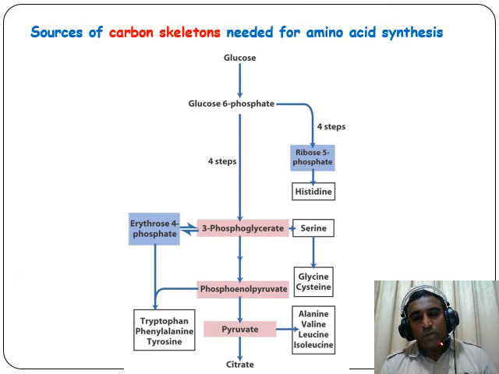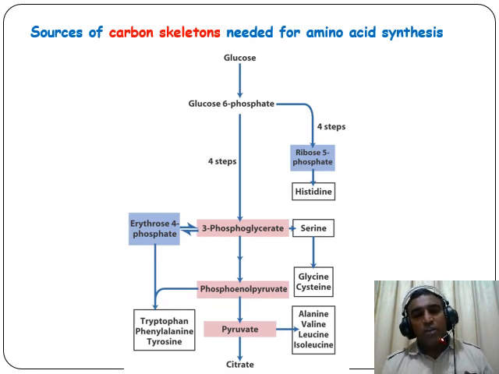So now we look at how the 20 amino acids are synthesized in terms of the origin of their keto acids. You have in blue the pentose phosphate intermediates providing the keto acid, and then you have in red the glycolytic pathway providing the keto acid.